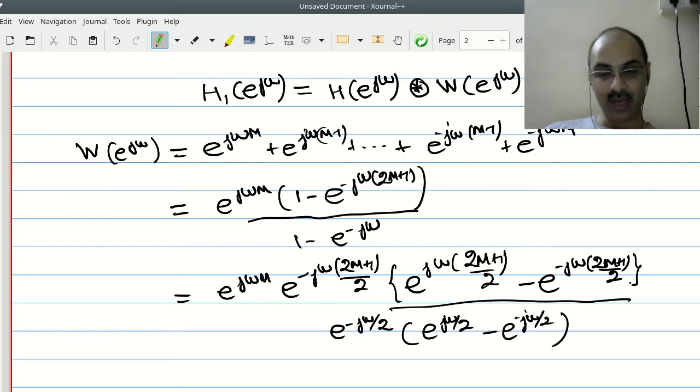Now there is a reason why I am doing this. I am going to divide both of these by j2, because then these two become sines.